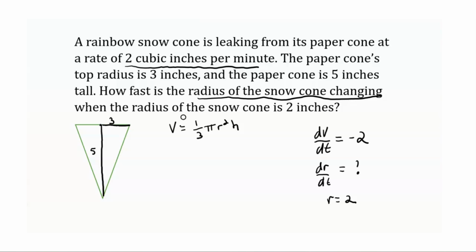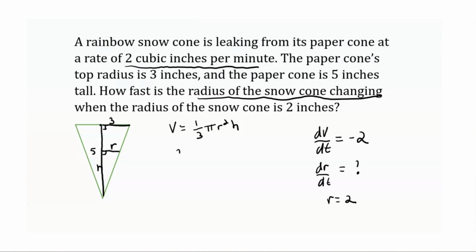All right, so this is an important problem when dealing with cones that you have to be able to handle. We're going to assume that at any point within the cone, we have an r over h. So we have the bigger right triangle with a radius of 3 and a height of 5, and a smaller right triangle at any level within the cone, which is r over h.